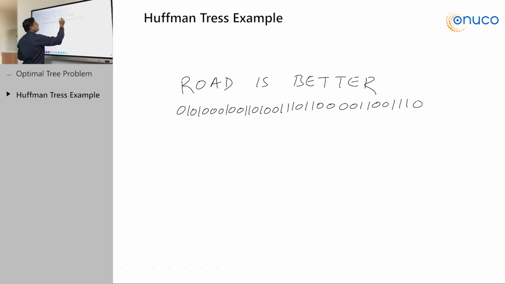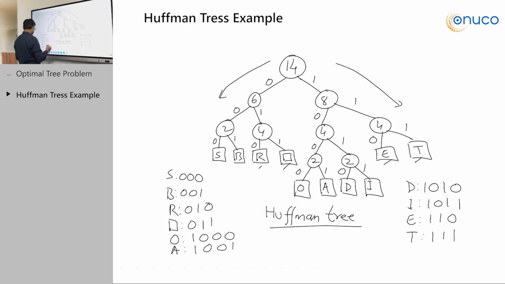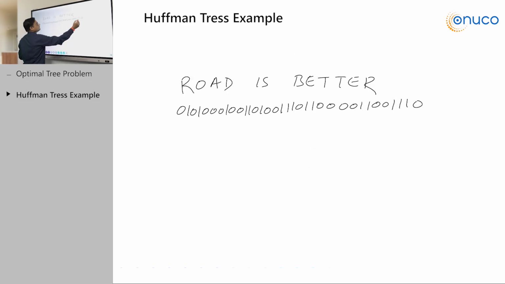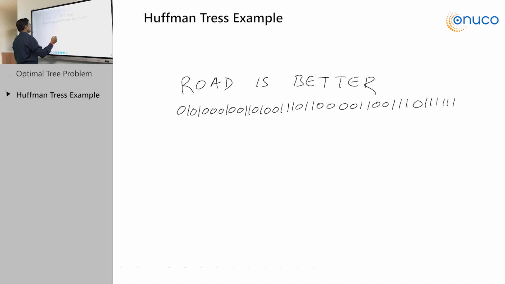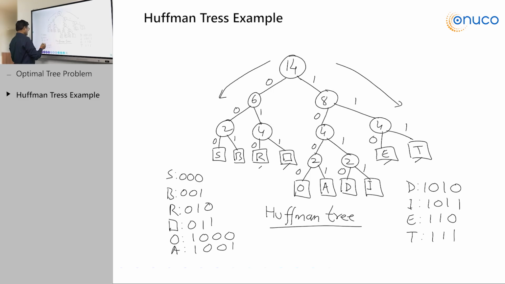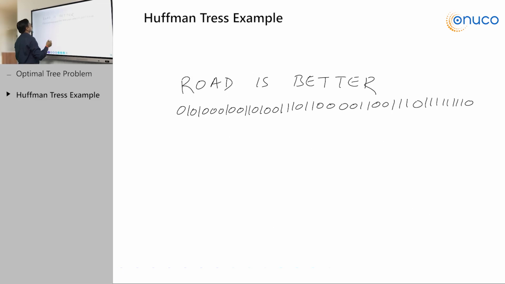T is 111, so double T is 111, 111. Again we have E, which is 110, and R, which is 010.